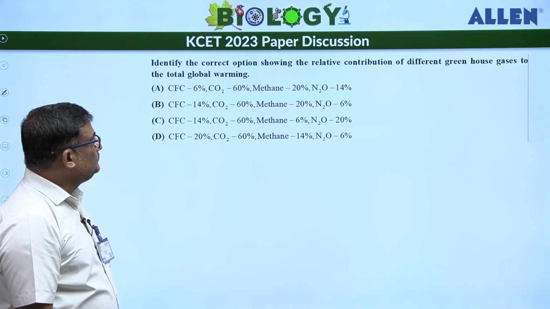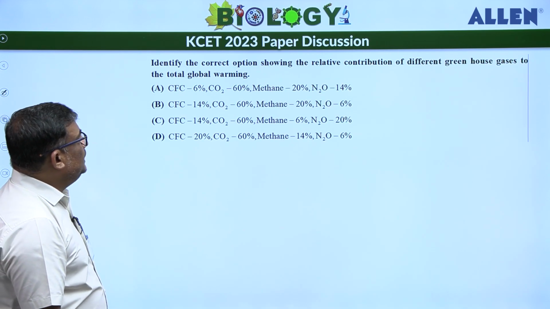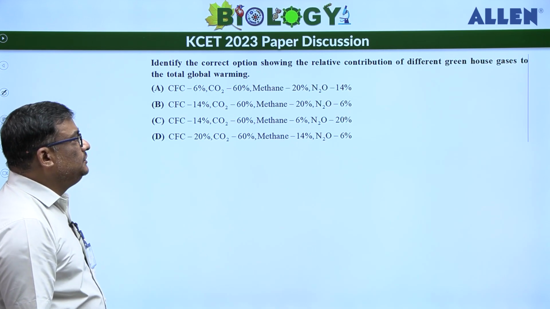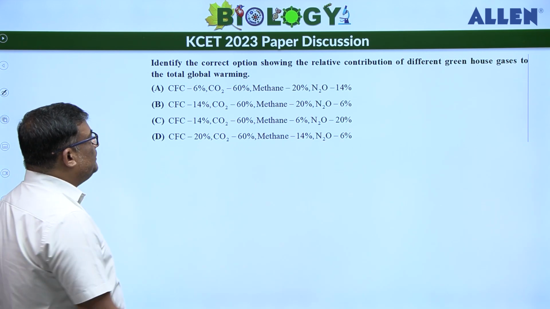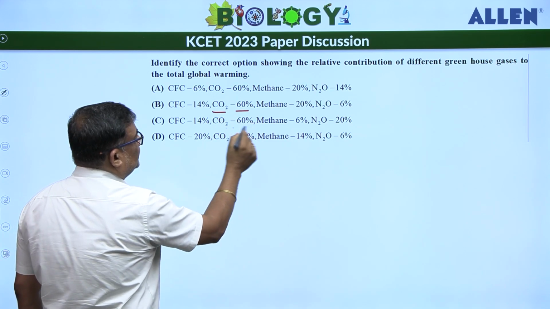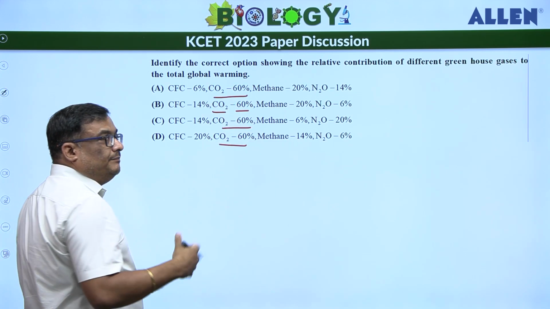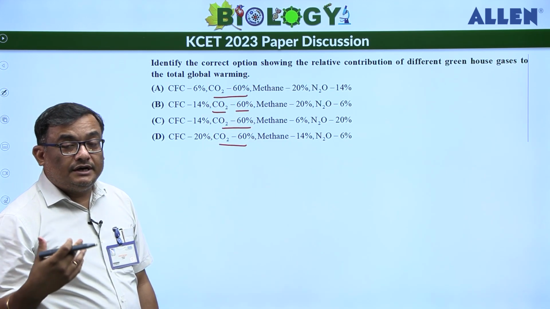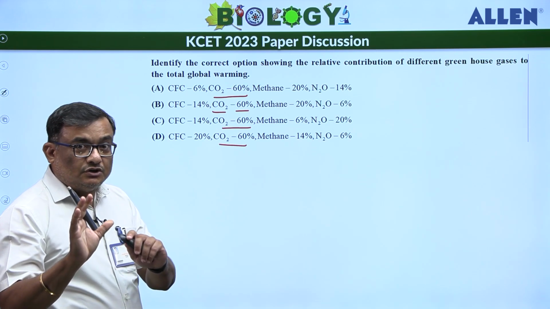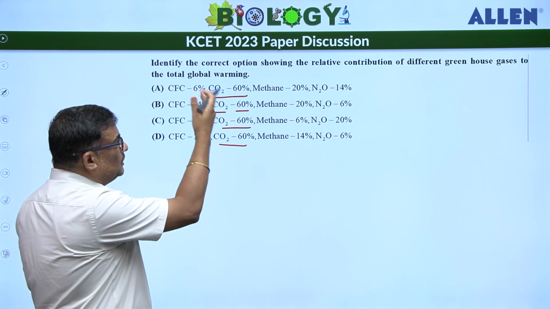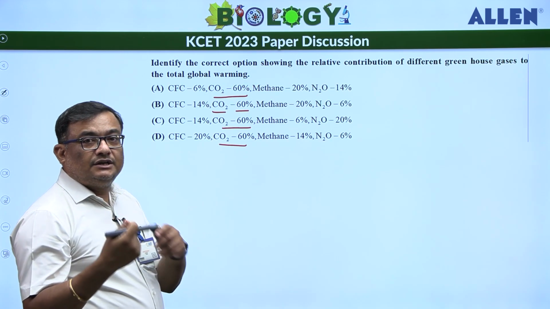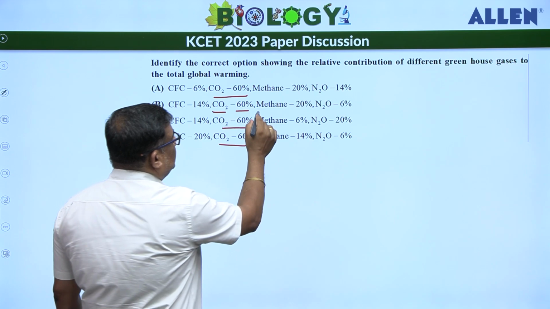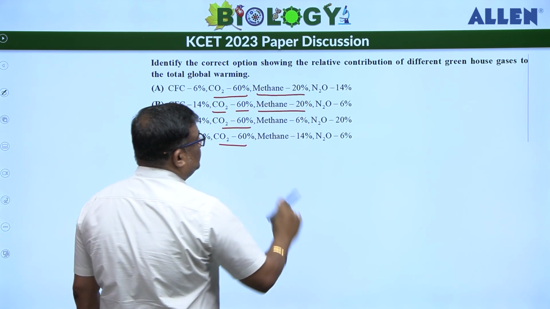Next one. Now, identify the correct option showing the relative contribution of different greenhouse gases. So when you look at the greenhouse gases, carbon dioxide has a very high concentration. So we might think that we can get the answer from carbon dioxide, but this option is not so simple. All have got 60%. Methane has a much higher quantity actually. So methane is 20 and 20.